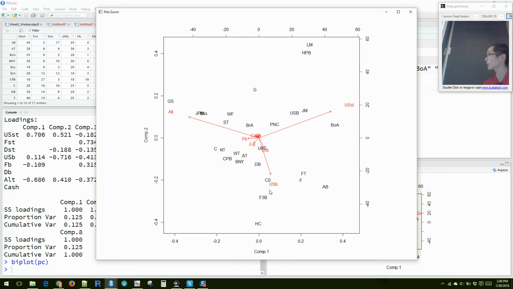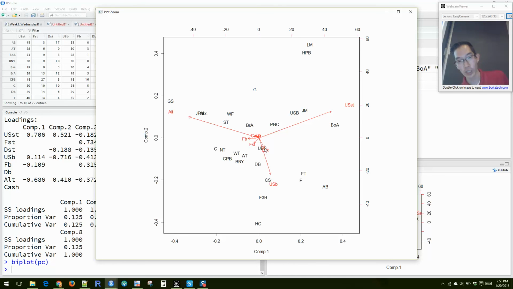To see how they differ, and the red lines show kind of the factor loadings, okay? So U.S. stocks are quite important for component 1 and also important for component 2, okay? As far as component 1 goes, alternative investments is very important, but in the opposite direction, okay? And everything else is very small, okay?